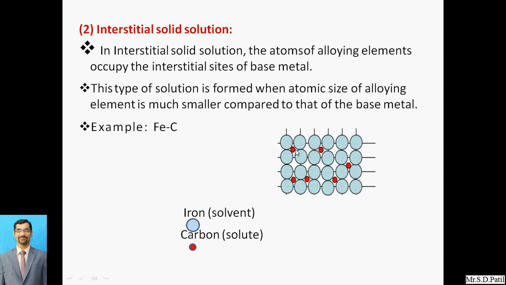So here we can compare the atomic size of that particular solute and the atomic size of the solvent. An example of this is iron carbon, Fe-C. Fe is iron, C is carbon. Here iron is the base metal and carbon is the solute, or alloying element.